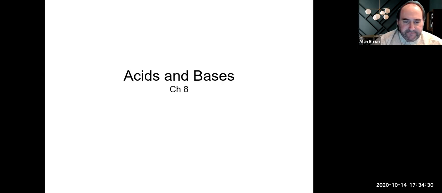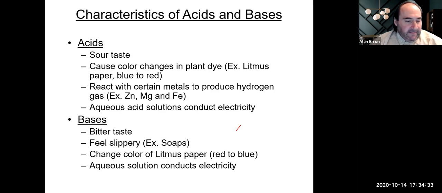All right. So let's talk about acids and bases, which is what this chapter is about. So acids, they have a sour taste. They cause changes in what's referred to as litmus paper. Typically, if you have litmus paper and it ends up turning red, that usually indicates an acidic solution. And typically, acids can react with metals in a single replacement reaction.